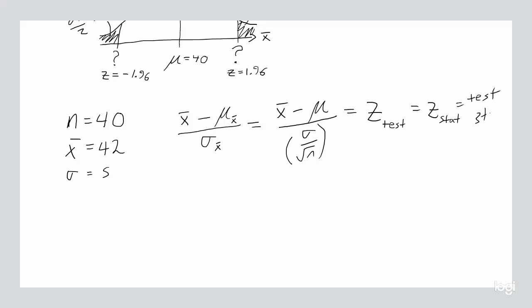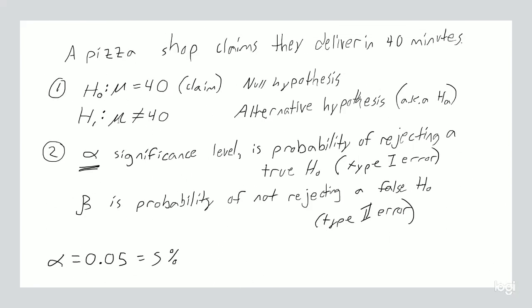Okay, but what it is, is your test statistic. It is the value that will allow you to draw a conclusion from your test. Okay, so in our case, our test statistic looks as follows. We have 42 minus 40. We put in 40 for the population mean because if you recall, our null hypothesis is that the population mean equals 40.